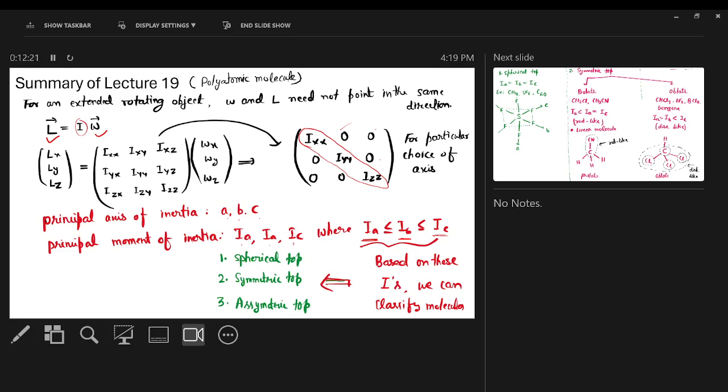So based on these I's, we can classify molecules as a spherical top or spherical rotor, a symmetric top or symmetric rotor, and an asymmetric top or asymmetric rotor. We will try to understand what a spherical top is, what a symmetric top is, and what an asymmetric top is, based on these three moments of inertia.